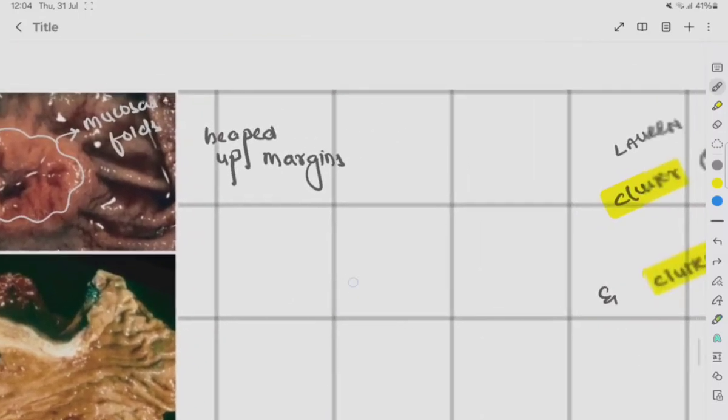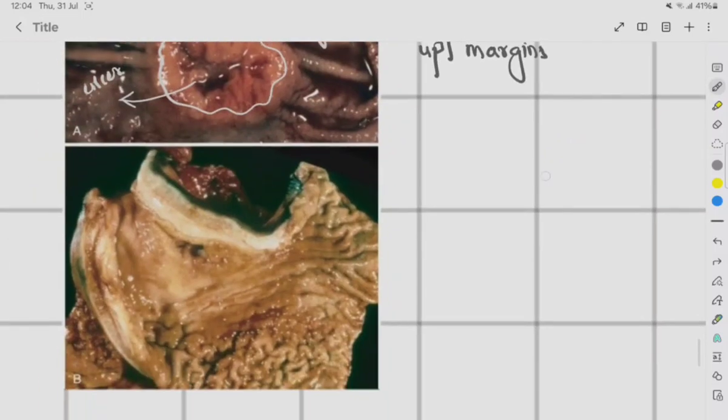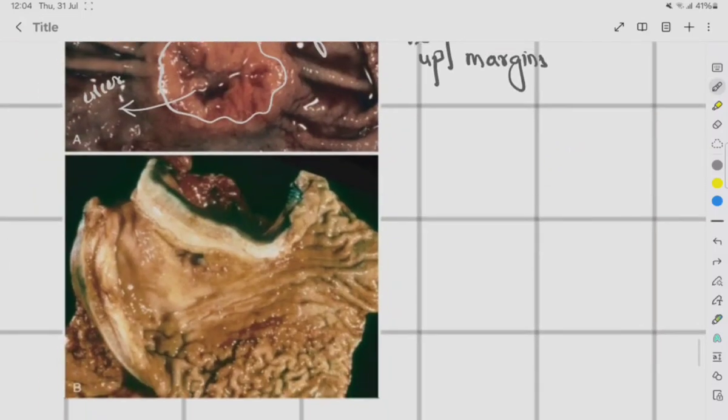Gross of diffuse type. These are the rugal folds again. These are the normal rugae. Okay. Now this is the gastric wall, which has increased in size. I hope you are able to appreciate it. Yeah.